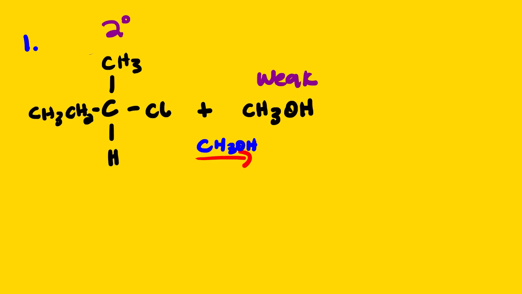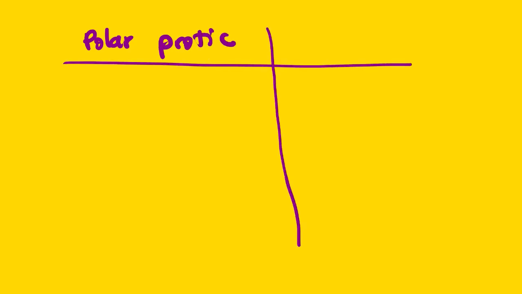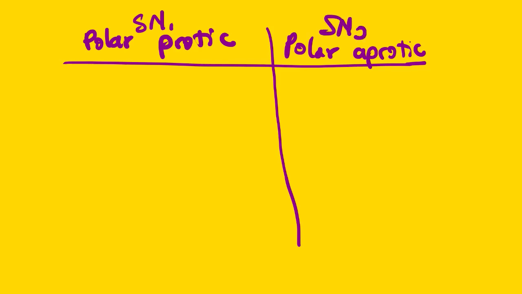So what you can do now, you can simply put a table to say we have polar protic solvents against polar aprotic solvents, and then remember this is SN1 and then this is SN2. Under SN1 you can put the first example of polar protic, it's CH3OH.